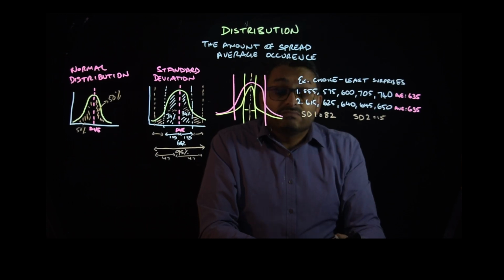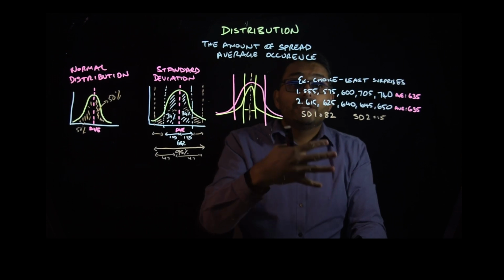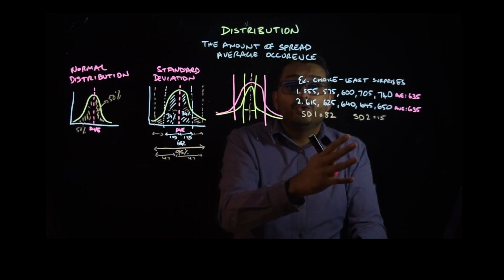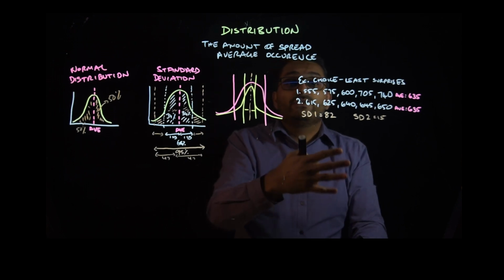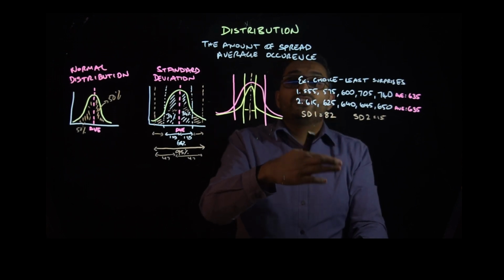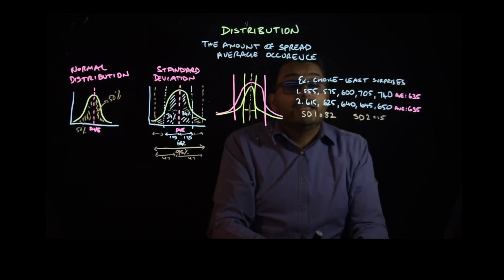And I can clearly see that the likelihood of a data point being closer to the average in set 2 is going to be higher, and the likelihood of something happening which is at the extremes is going to be in set 1.